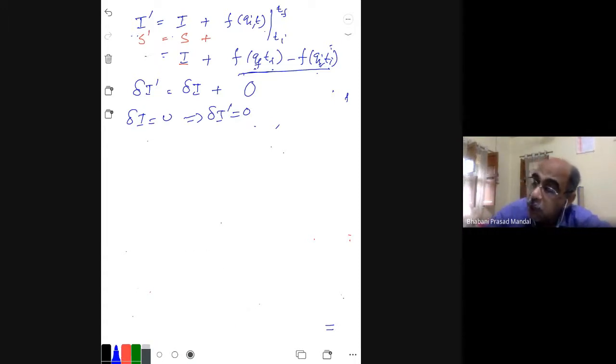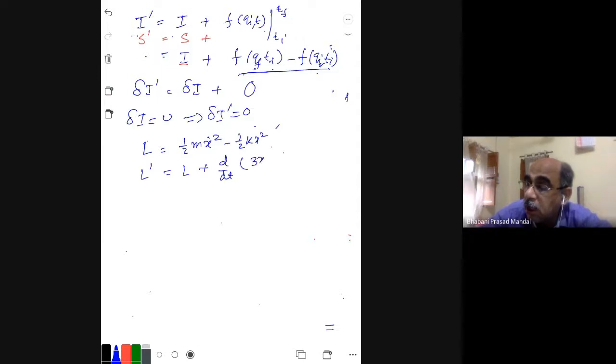So suppose I have a Lagrangian L, which is half m x dot square minus half k x square. So this is the only Lagrangian we know. And then I have L prime, say L plus d/dt of, say, 3x square plus 2x plus 1, some function.